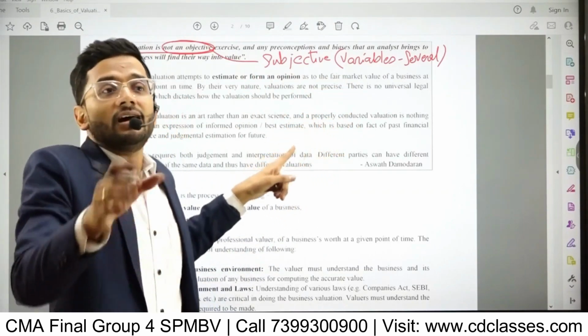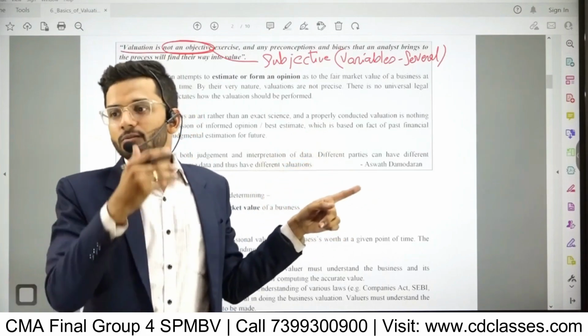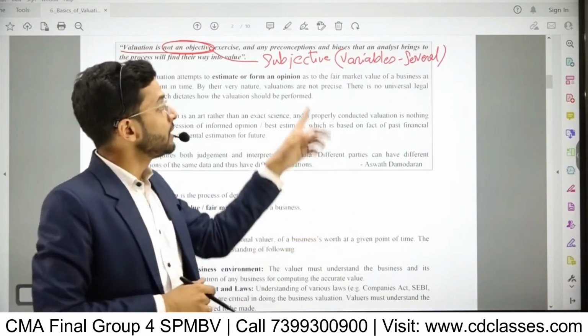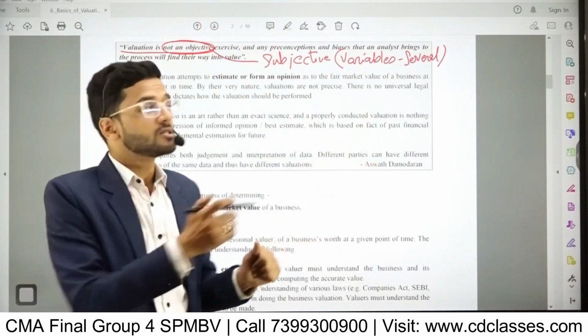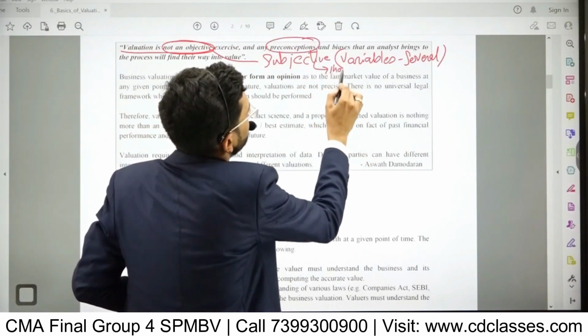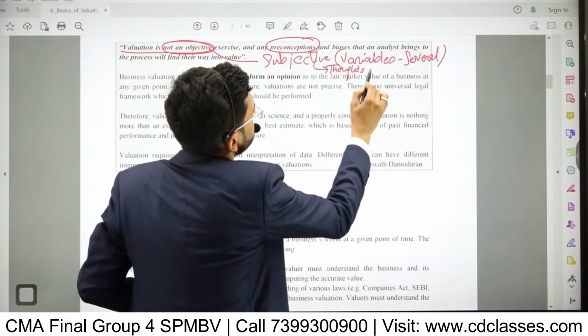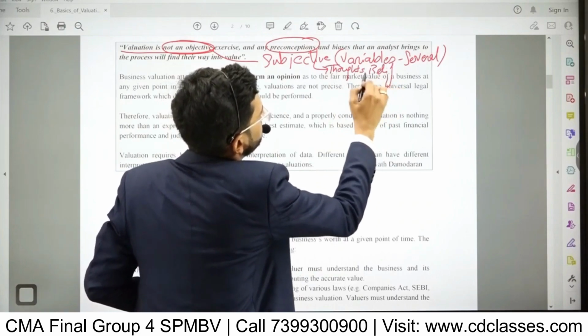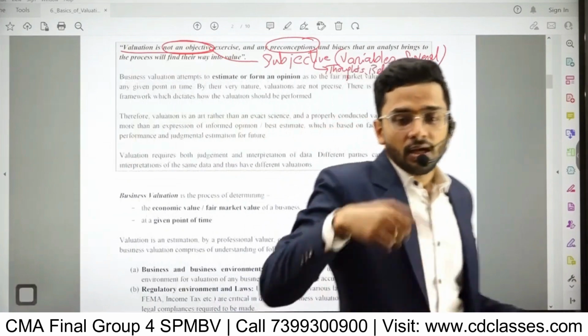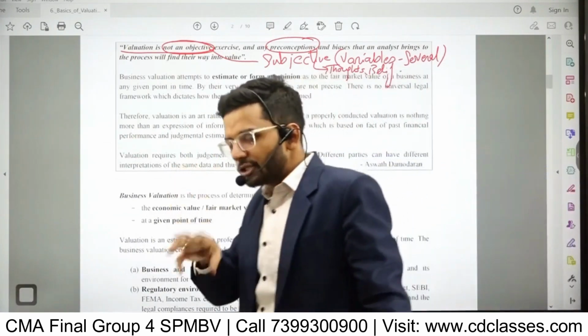It might vary from use to use. What use is one person trying to put that asset into as compared to another use which another person is trying to get into. It might vary on the basis of preconceptions which are there in my mind. What are preconceptions? Preconceptions are thoughts, beliefs. If I have any belief about a certain thing, then my valuation will be manipulated according to my belief.